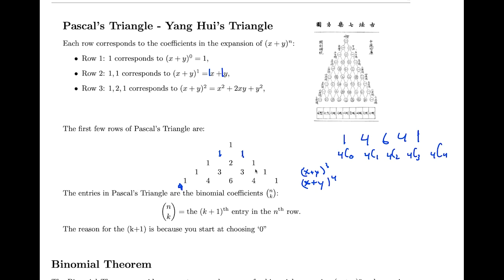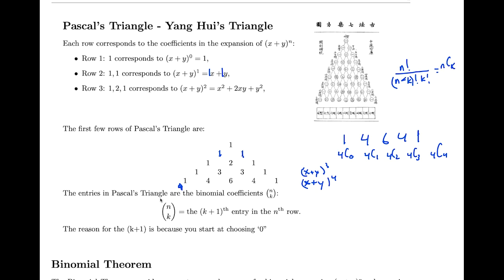We know how to use the formula for combinations. Remember that the formula for combinations is n factorial divided by (n minus k) factorial and k factorial. So this is what n choose k is equal to.